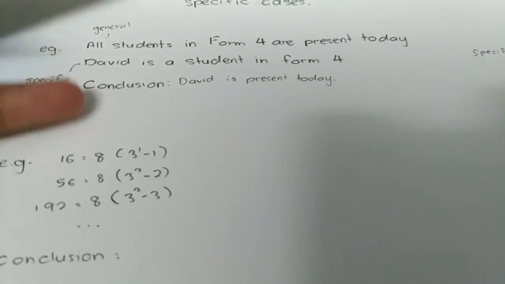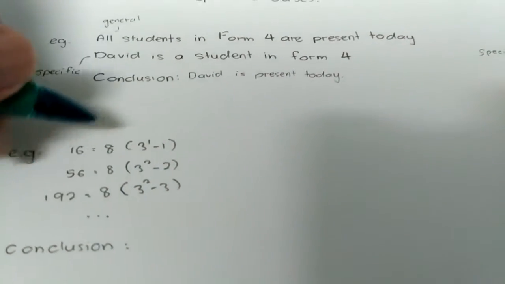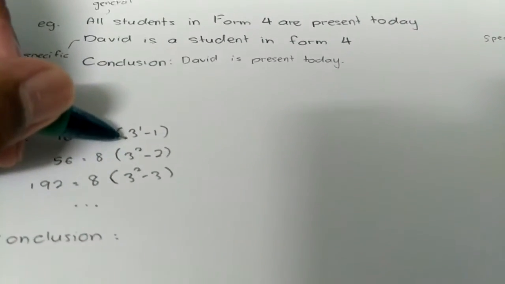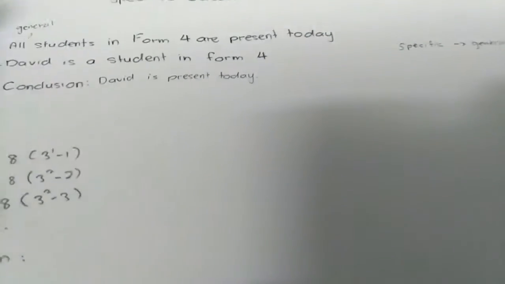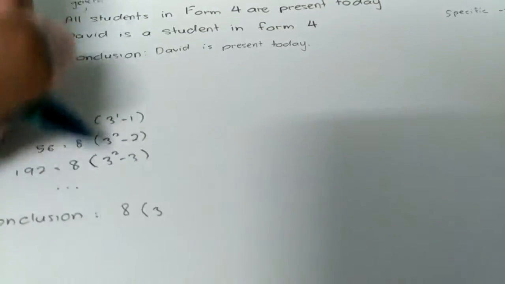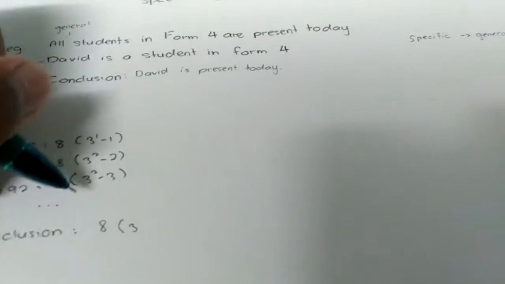Find the same numbers in these equations. 8 and 3, right? All of them have 8 and all of them have 3. The numbers that are the same, just maintain them in your conclusion. Write it back, 8 bracket 3, and all the numbers that are different in these 3 equations you must change to n. So it means 3 to the power of n minus n.